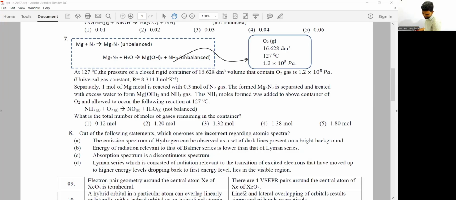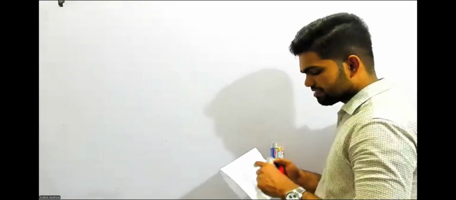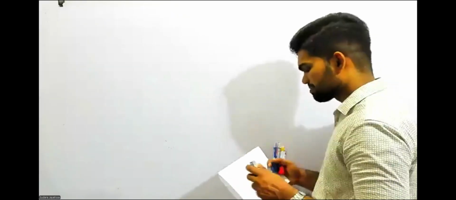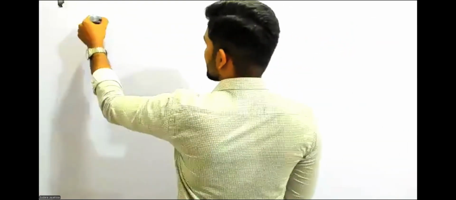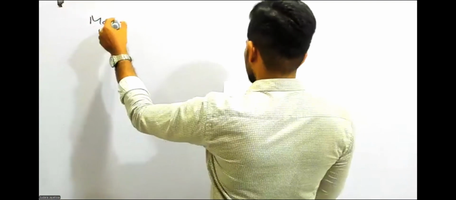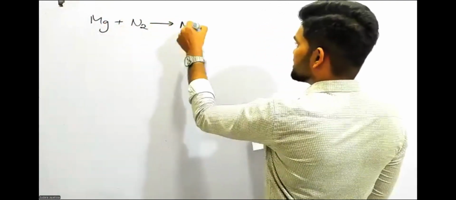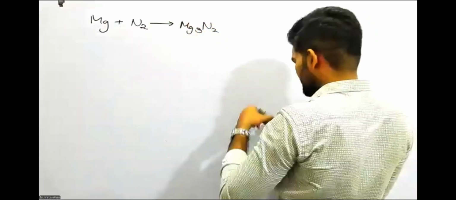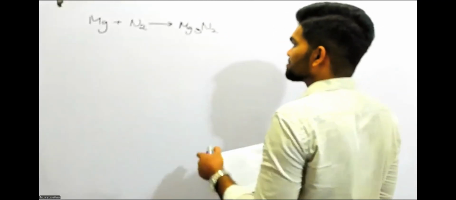Okay, so I'll make a summary and a map for the question. It's a good question, so don't give up on this one. Just try this question with me once again. Here we have magnesium metal reacting with N2 gas to form Mg3N2. Let's balance this straight away, because anyway we need to balance it.